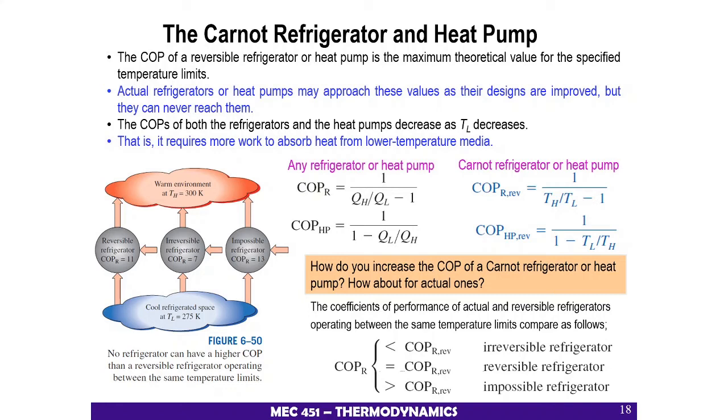So in general, for any refrigerator or heat pump, for your COP, we will use this equation. For a reversible, Carnot reversible refrigerator or heat pump, we can use temperature. Compared to any, as mentioned, if it's not a Carnot, we use the heat supply.